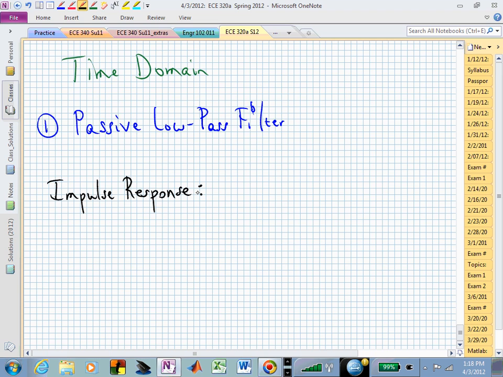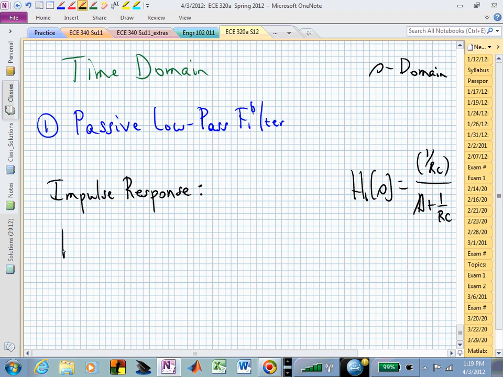We didn't derive it, did we? We had the transfer function. What was our transfer function for this guy? So if this is our S domain, was this 1 over RC over S plus 1 over RC? Is that what we had? That's our transfer function for this passive low-pass filter.